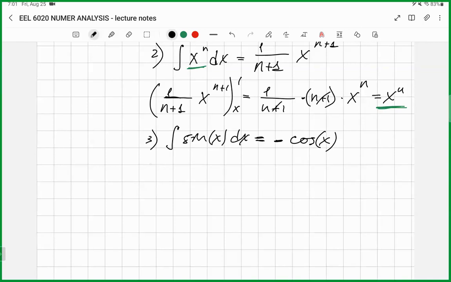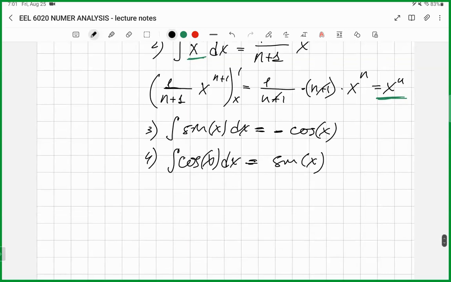Minus cosine. So for the cosine function, we get just sine x, because differentiation of sine gives me cosine, so it's correct here.